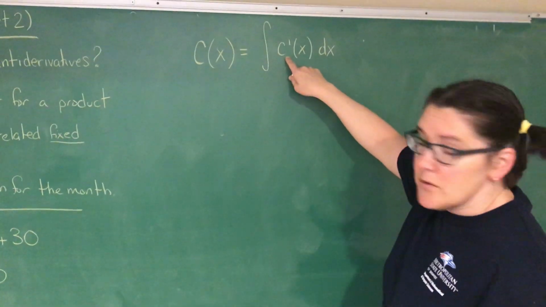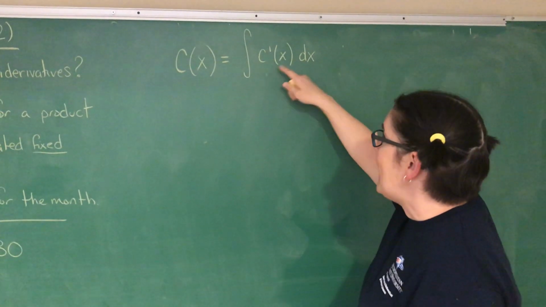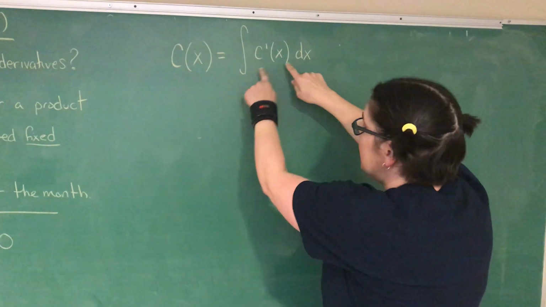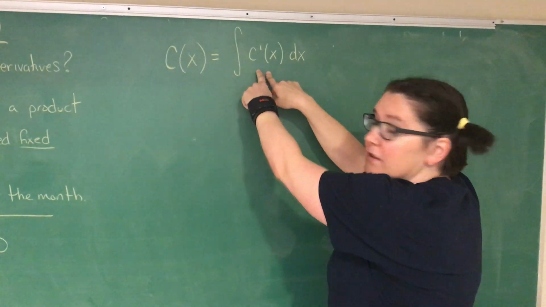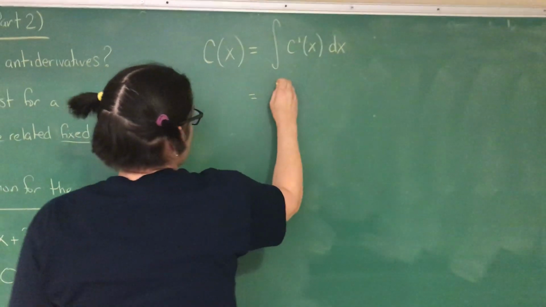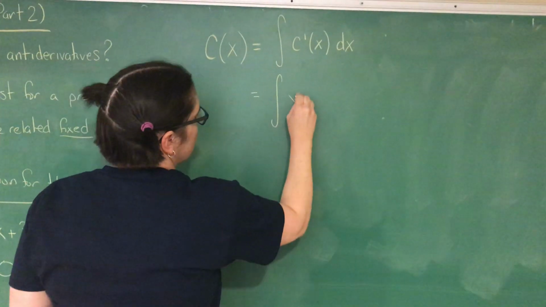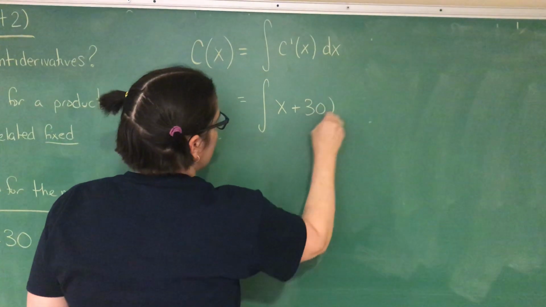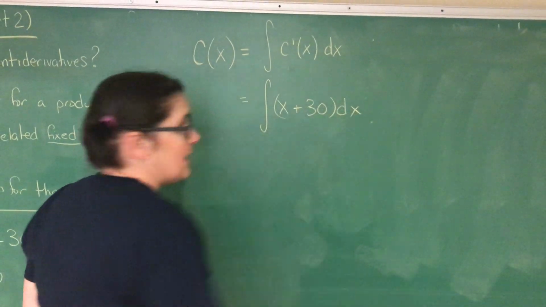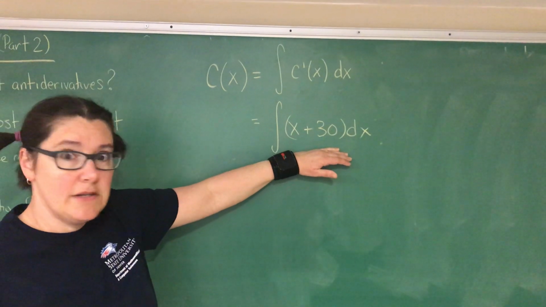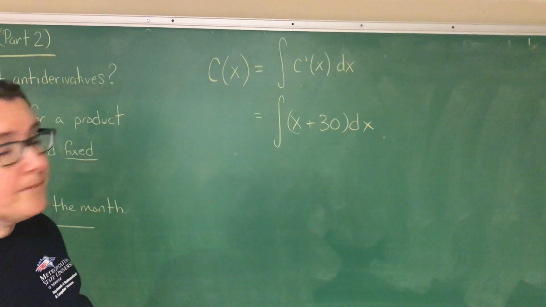If I start with the derivative and I want to go back and find the original function, I take the antiderivative of the derivative. For us, that means we have the antiderivative of X plus 30 dx. If we can evaluate this integral right here, then we're going to come up with a cost function.